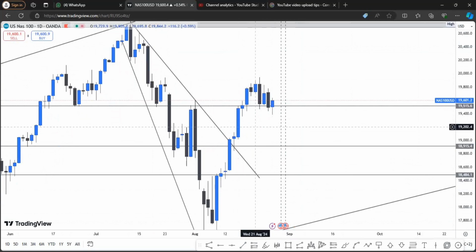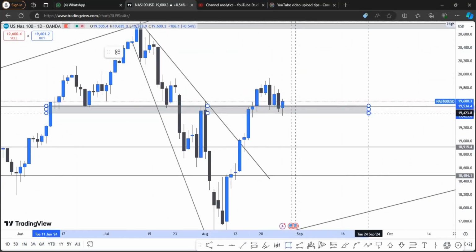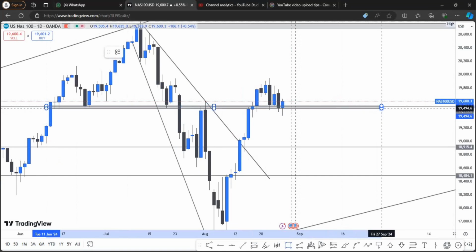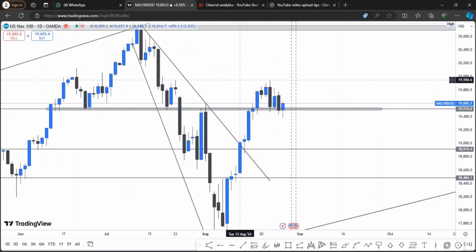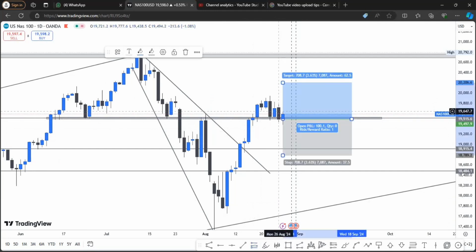So from there you just have to again identify this certain zone here. This is a zone that we are looking forward to, because this zone is a very strong point that on the current market price makes the market reverse. So currently you get to understand why the market is reversing at a certain point. It is because of that zone. So from there, remember the 90% is here. The 90% rule is here.